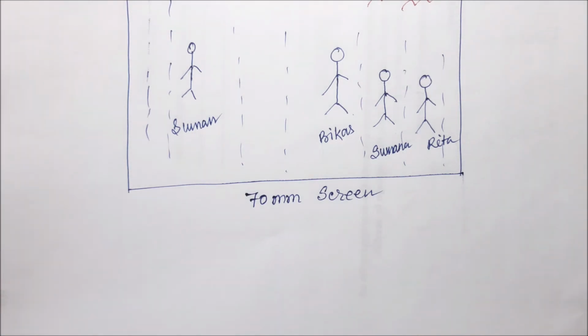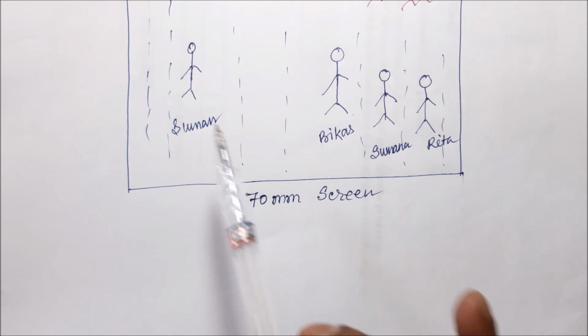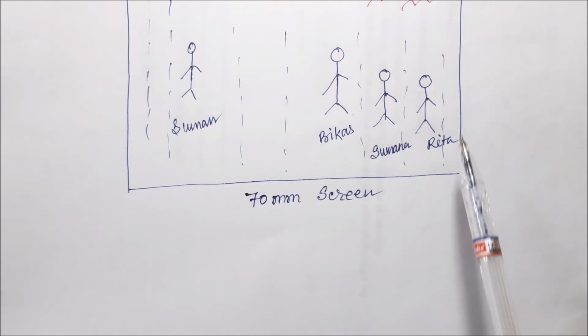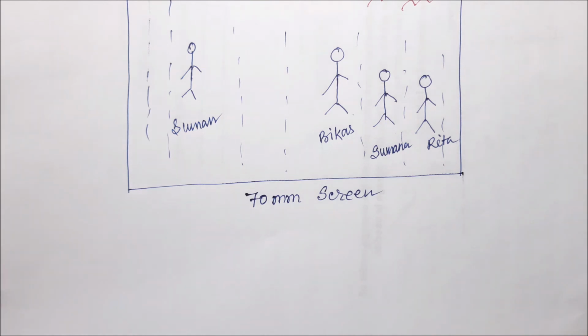We have 4 people here, one is called Sumon, another Bikash, Sumana, Rita, whatever. The 4 people are dancing. At a time, some birds are flying, and an airplane is flying, and simultaneously rain is falling down.